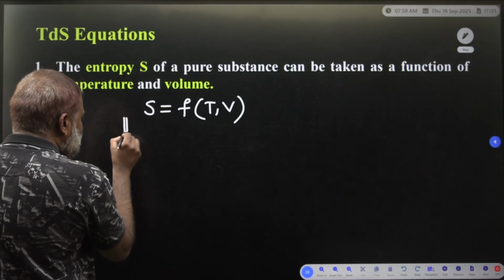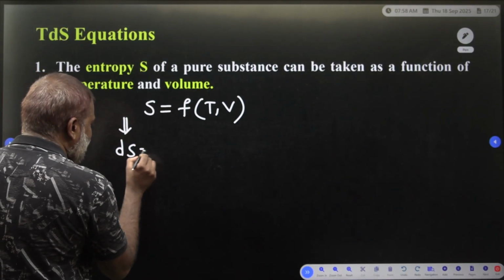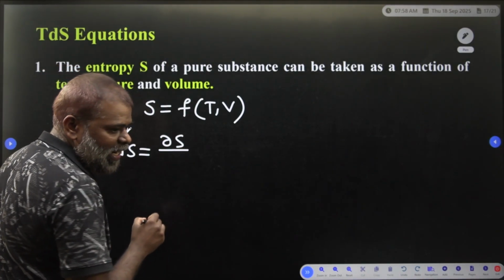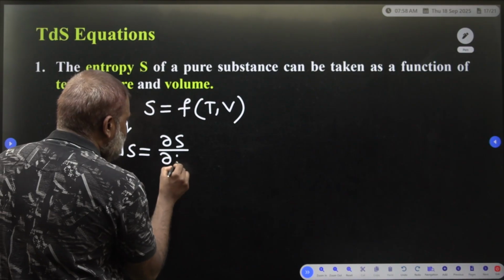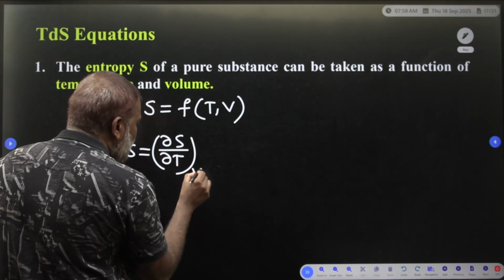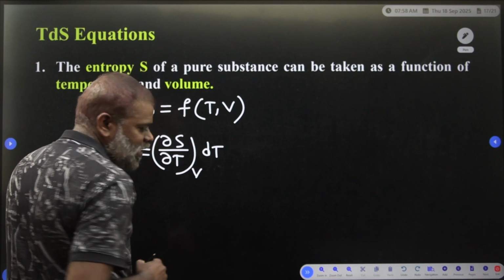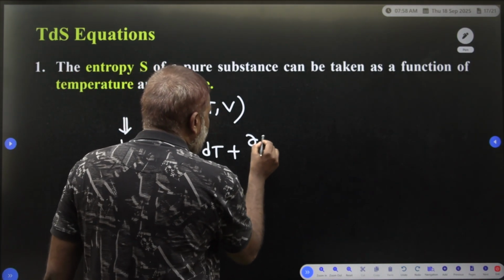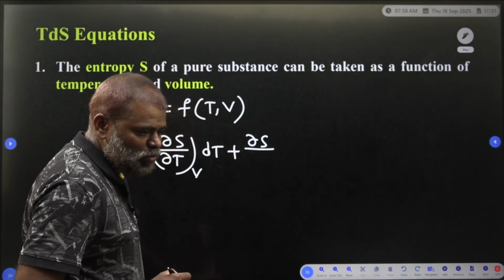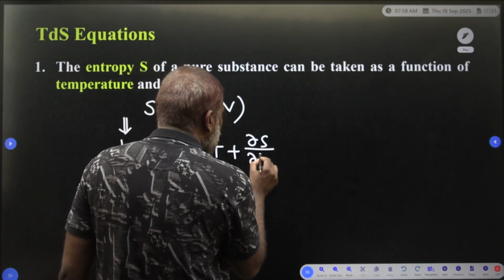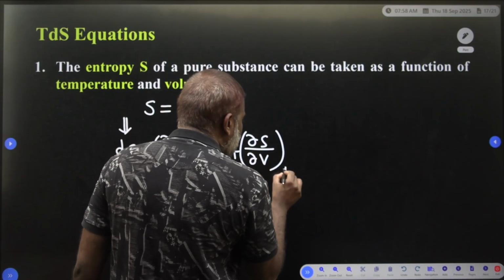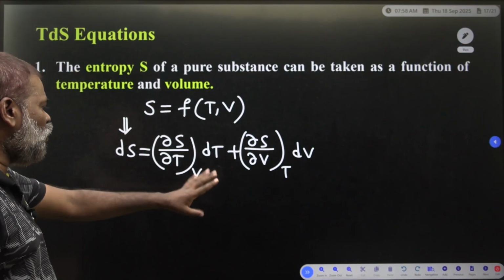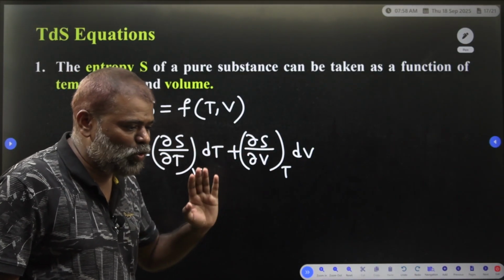So for a differential, explicitly you have to write dS is equal to dou S by dou T at a constant volume into dT plus dou S by dou V at a constant temperature into dV.